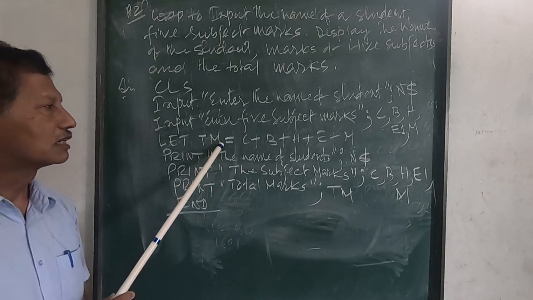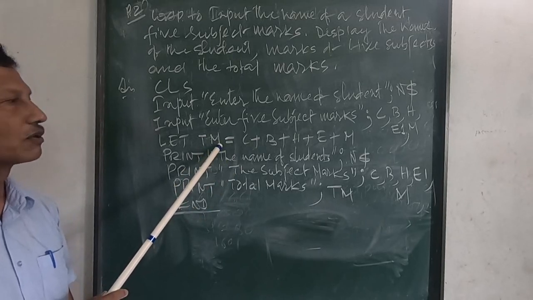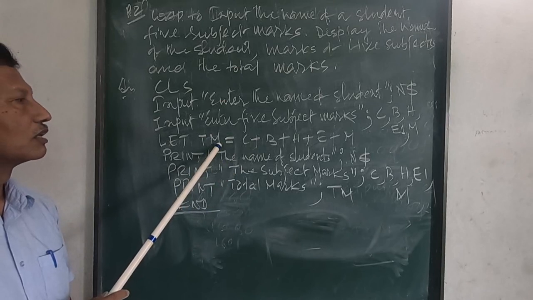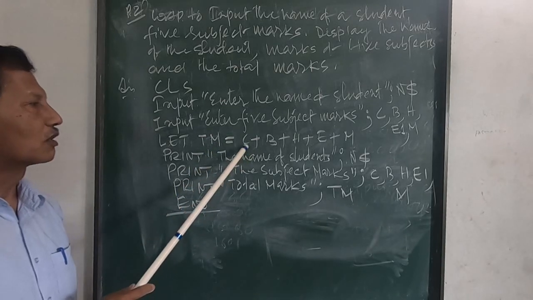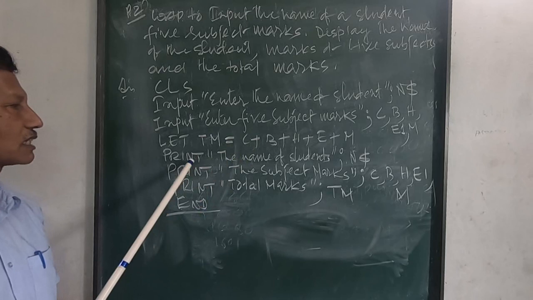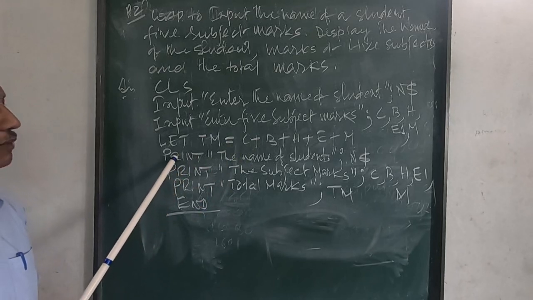TN is the variable you are using to store the total marks. Next you are using print with a message.